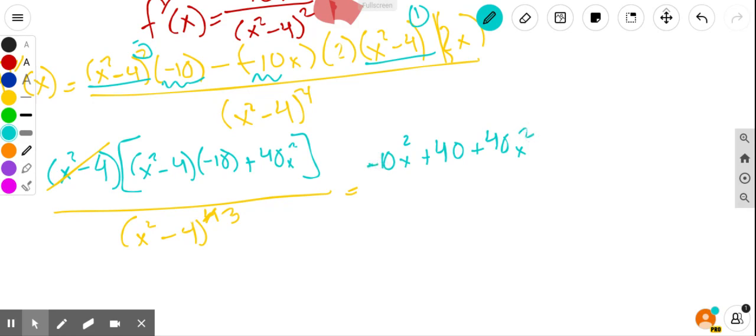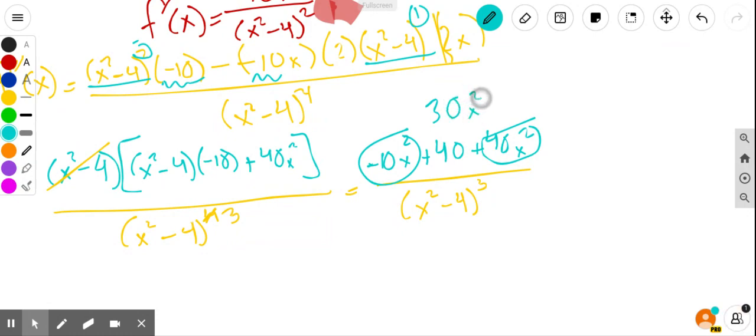And that is now currently over the x squared minus 4 to the third. So then this and this will give me a 30x squared plus 40.